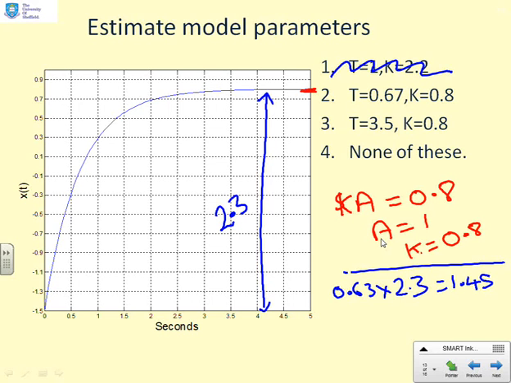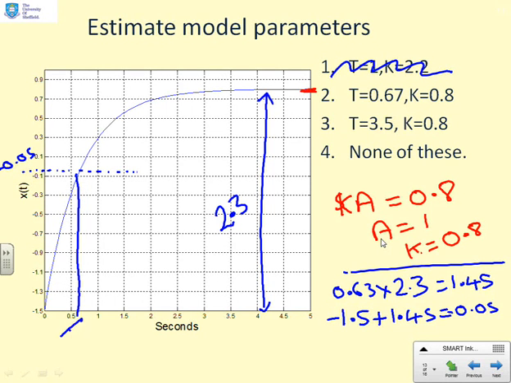Now it's starting from minus 1.5, so if I do minus 1.5 plus 1.45, I get minus 0.05. So that tells me that after T seconds I've got to minus 0.05, which is going to be this line here. So that's minus 0.05, and so what that tells me is this down here is capital T. Now I can't be overly precise, but it's of the order of 0.7.